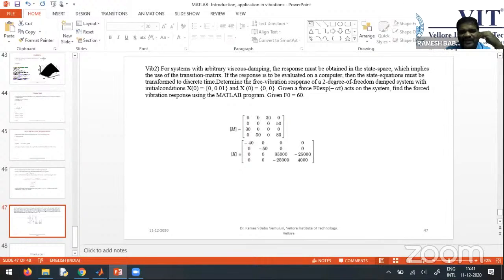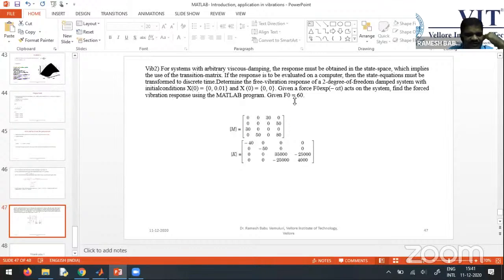If the response is to be evaluated on a computer, then the state equations must be transformed to discrete time. Determine the free vibration response of a 2 degree of freedom system, with initial values, and this is the force acted. So the mass matrix is this, K matrix is this. We need to find out the forced vibration response using the Matlab program.